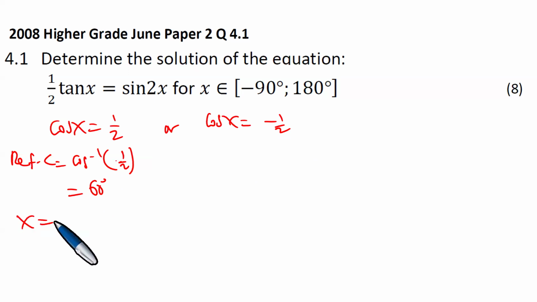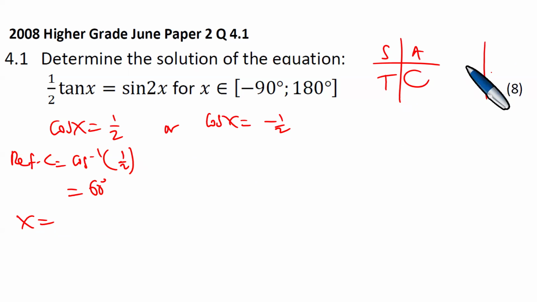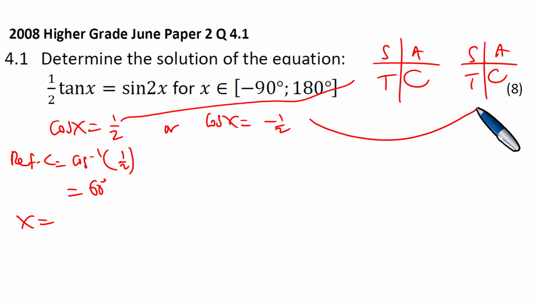So for this part, in view of the CAST diagram, you'd have 2 CAST diagrams: the first one is for this and the next one is for that. When cosine is positive, we are in the first and the fourth quadrants, negative in the second and the third. Now we're dealing with the positive one first.